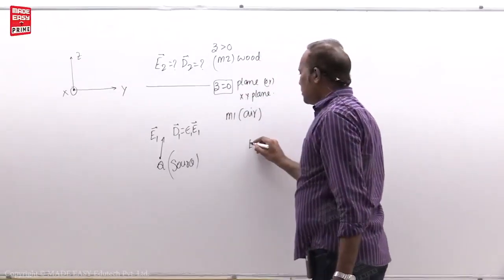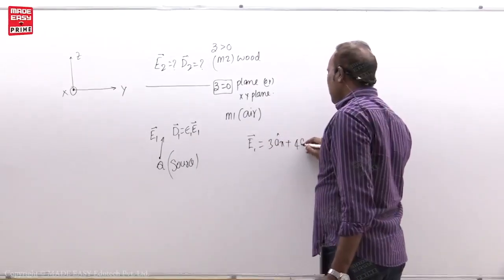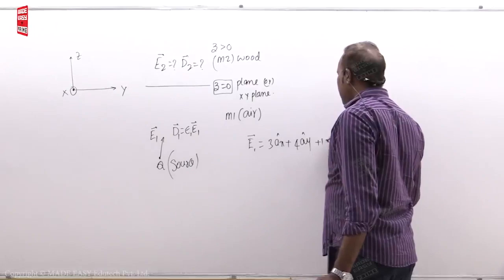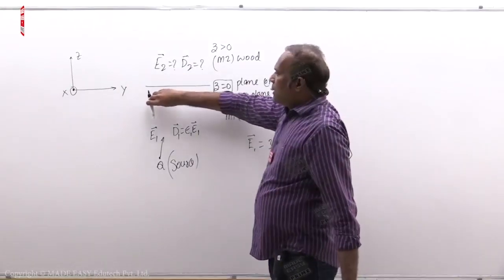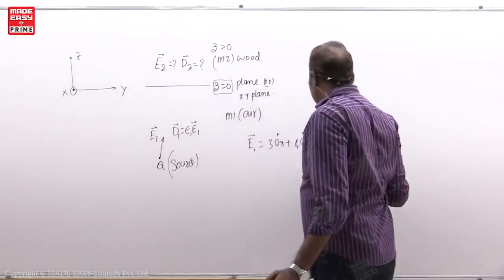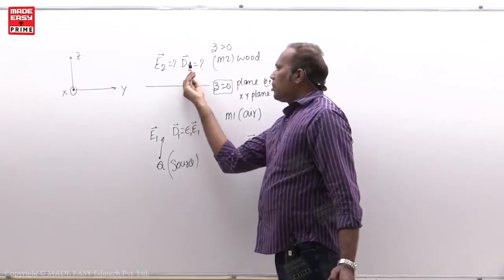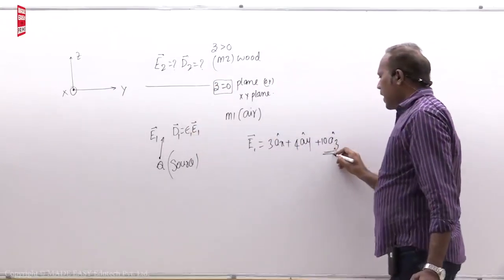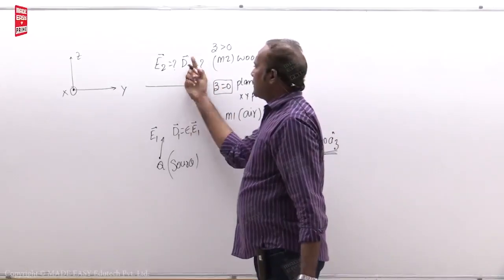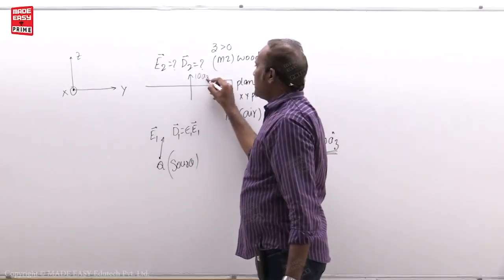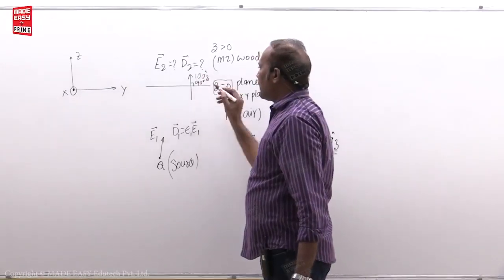Now, for example, students, E1 bar is equal to 3ax plus 4ay plus 10az is given. Now which axis is this? Z axis. For the z equal to 0 boundary, the z component is the normal component, because 10az is like this, and it makes how much angle with this surface? 90 degrees.